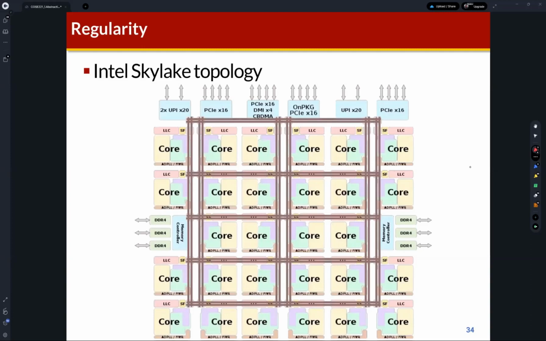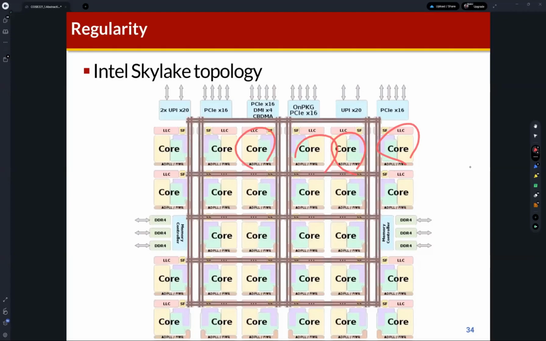So we can use the same single core to build a large chip. We can just copy and paste the same module to build a large module. So this is the regularity.